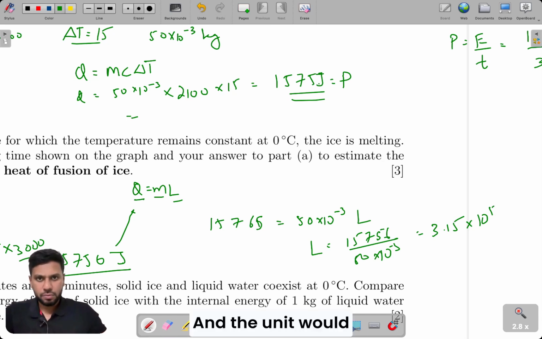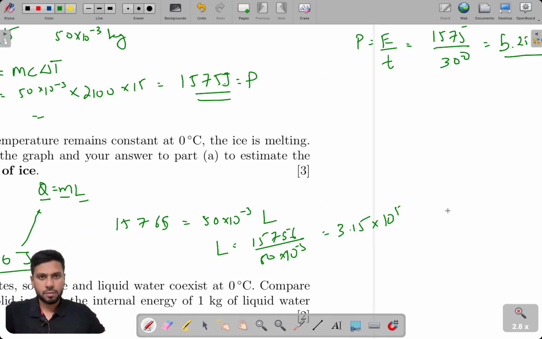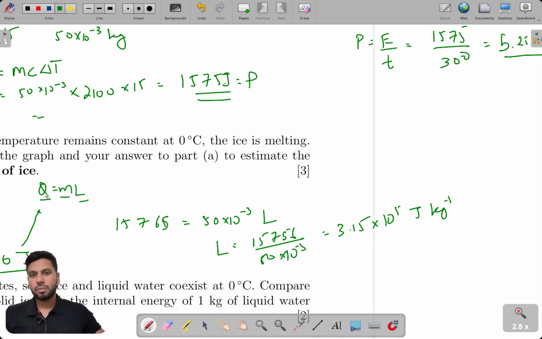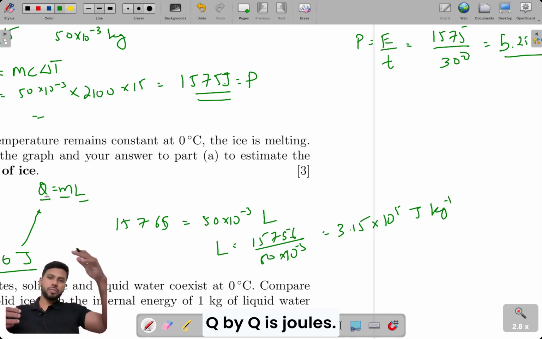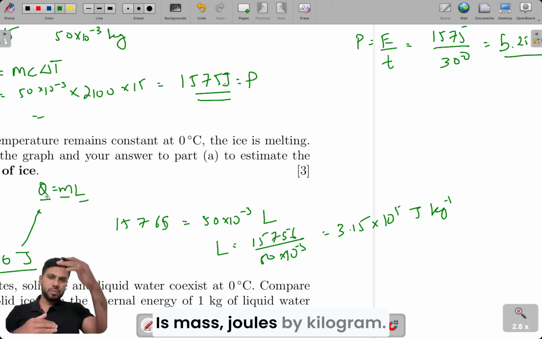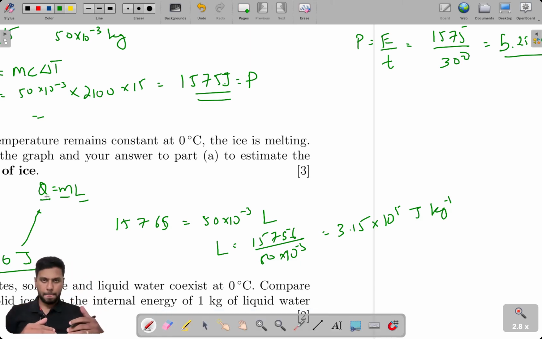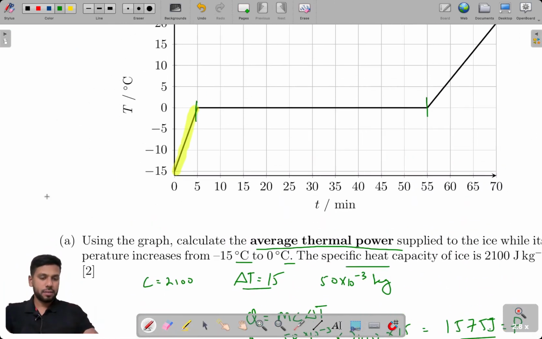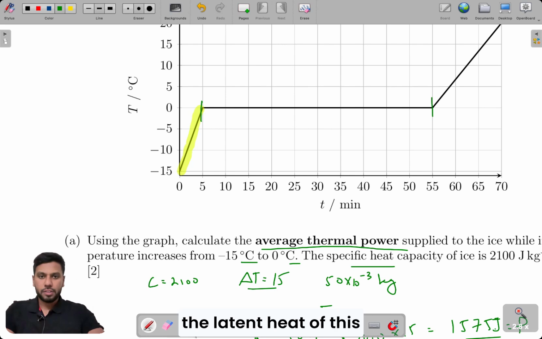And the unit would be joules per kilogram. Why? Because Q is equal to mL, so L is equal to Q by m. Q is joules, m is mass. So this is the specific latent heat that I am getting for this particular region.